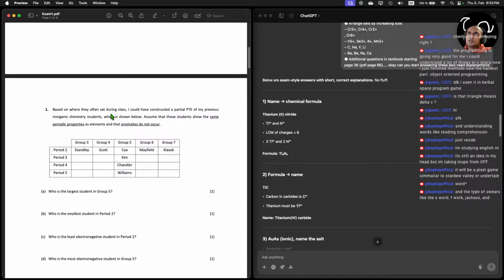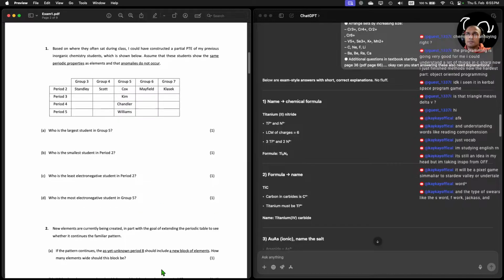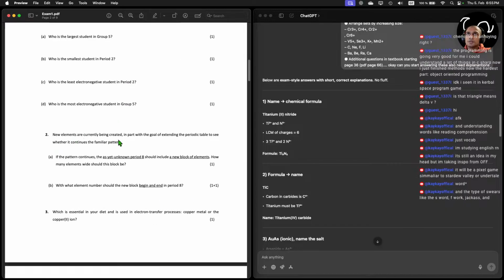Based on where they often sat during class, I could have constructed a partial periodic table of my peers. We'll assume the students show the same periodicity. What? That's an interesting question, not gonna lie. Now, elements are currently being created with the goal of extending the periodic table to see whether it continues the familiar pattern.